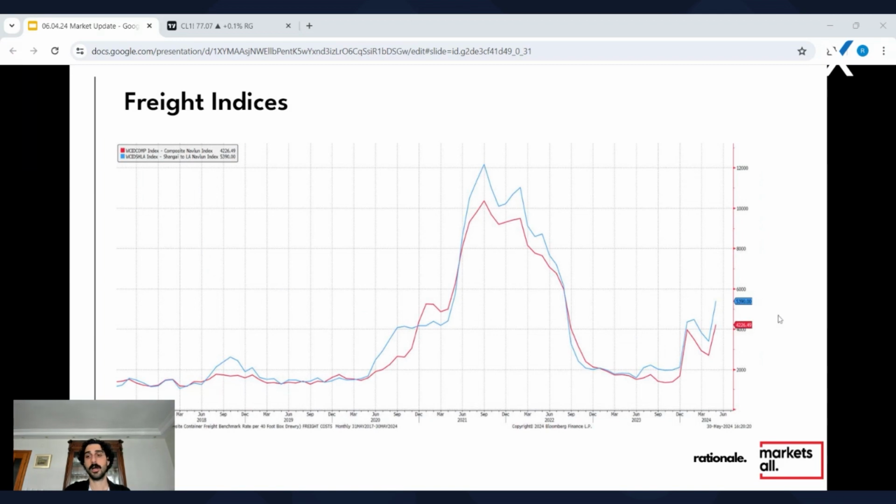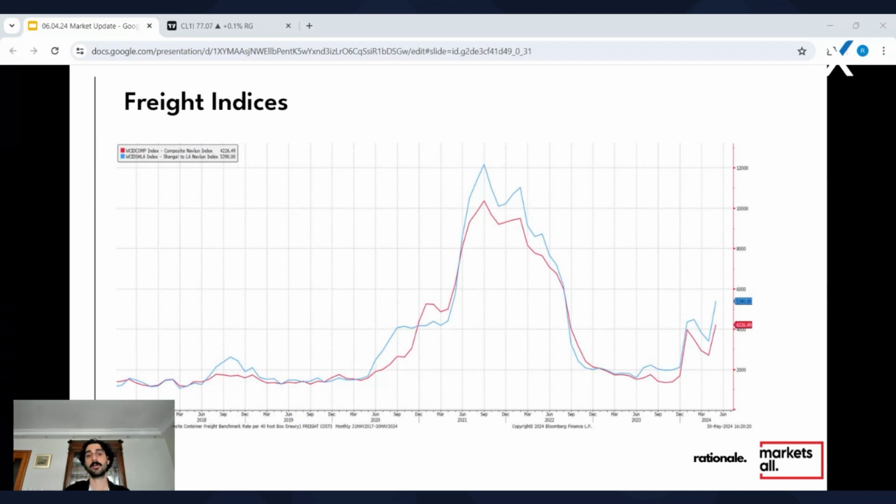Another issue that I want to mention quickly: the freight costs that had been the main topic during COVID. Global transportation costs are on the rise once again. The container freight index has jumped significantly year to date, as you can see in the chart.